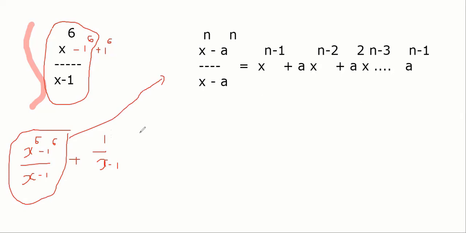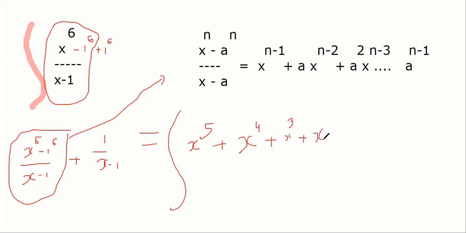So what will it become? Integration of firstly x to power n minus 1. n is 6 here, so x to the power 5. Correct? Plus a into x to power n minus 2. a anyway is 1, so no problem. x to power 4. You will be very surprised, it becomes so easy. x to power 3, x to power 2, x to power 1, and then x to power 0 means 1.